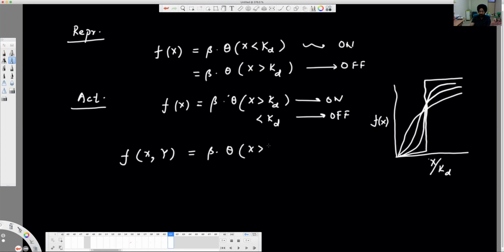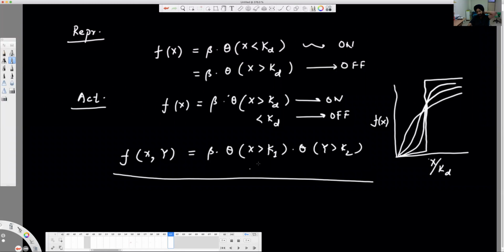If X is greater than K1 times theta, and Y is greater than K2, then only the gene is active, right? So that's the simplicity we arrive at by considering Hill's function as a step function.